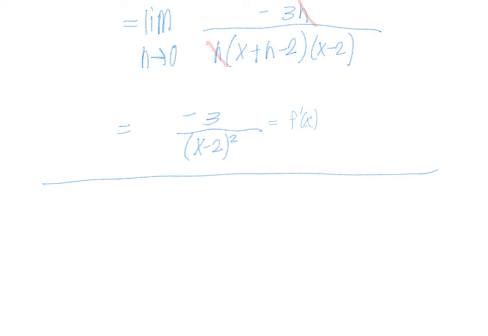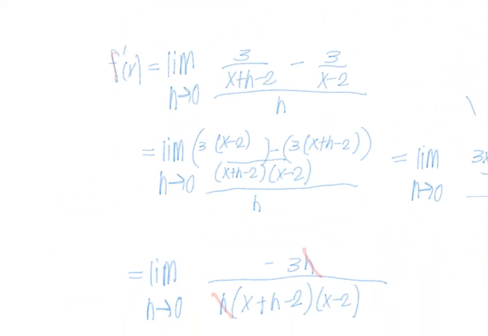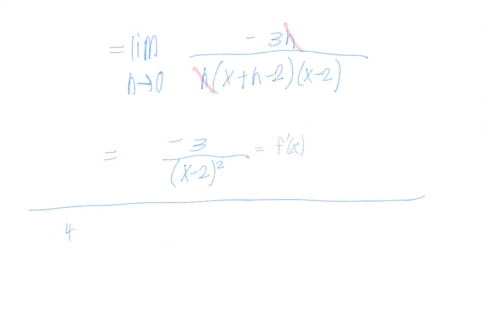Well, I need the slope and the point for the equation of the line. Well, I know that the point is 4, 6. And the slope will be f prime, so your derivative, but with plugging the 4 in for x.